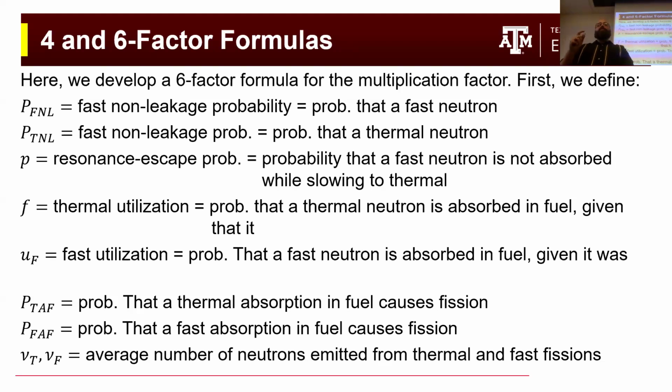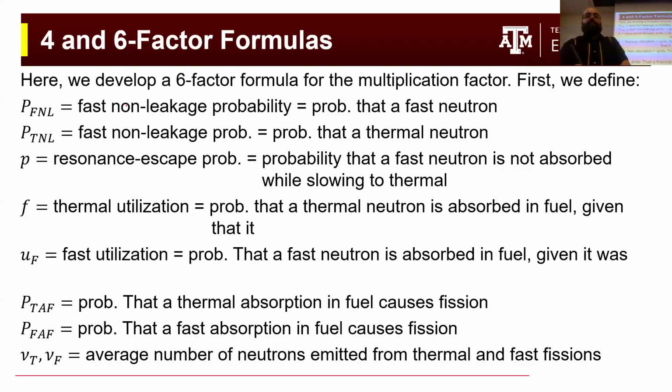To get these formulas, we basically define a bunch of probabilities that describe what could happen to a neutron in a reactor as it goes from being born in fission to all the different possible interactions it could have as it tries to cause a new fission to happen. So first thing we define is PFNL.